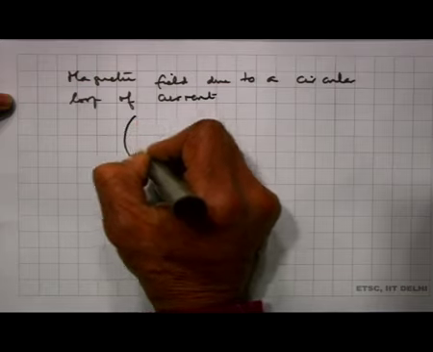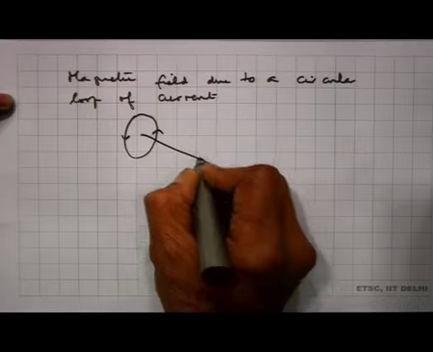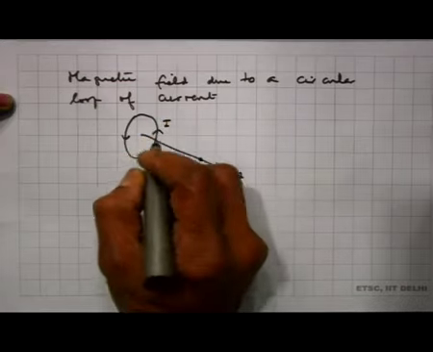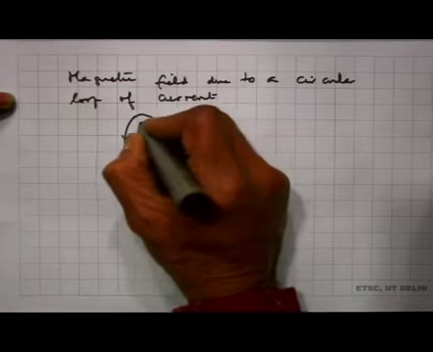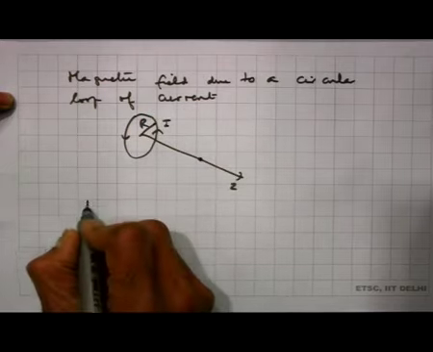Remember, we had done this example. There is a current I flowing through this. This is a coil of radius r, and we had calculated the magnetic field along the axis.